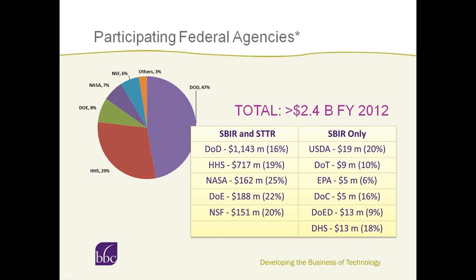And you can see, when I say success rate, I mean the number of awards divided by the number of phase one proposals submitted. So the success rate doesn't correlate exactly with the size of the budget. So obviously an agency with a large budget like DoD attracts many more proposals than a smaller agency.